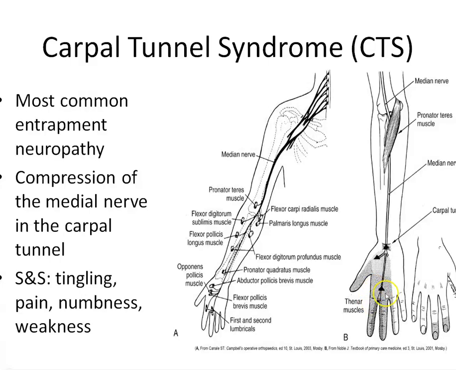These darker, more densely striped areas are going to be the area of sensory loss from that median nerve entrapment. So typically, if I suspect compression of the median nerve, we're going to see numbness, tingling, and pain in the first 3 fingers, sometimes half of the 4th finger as well.